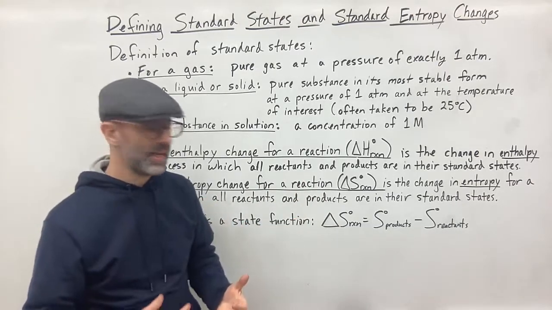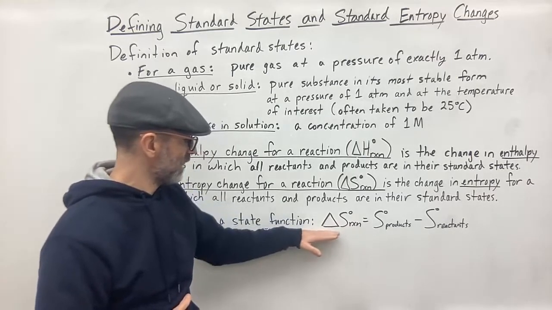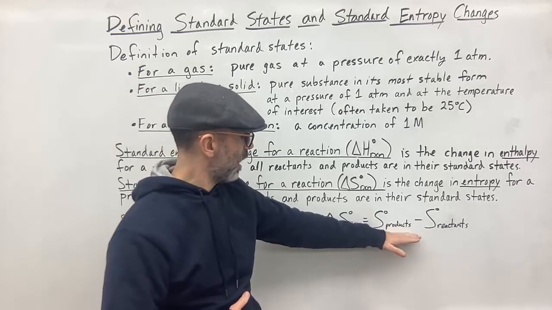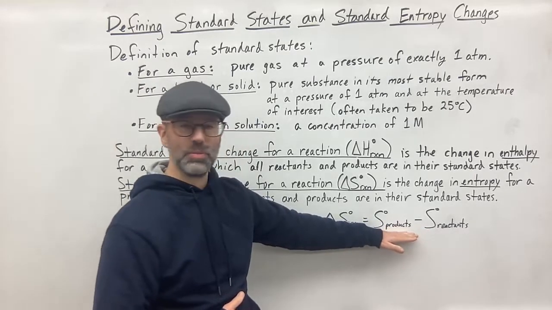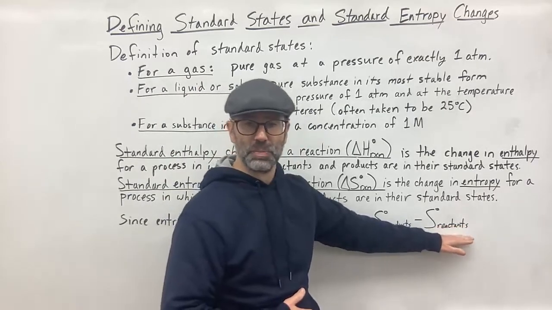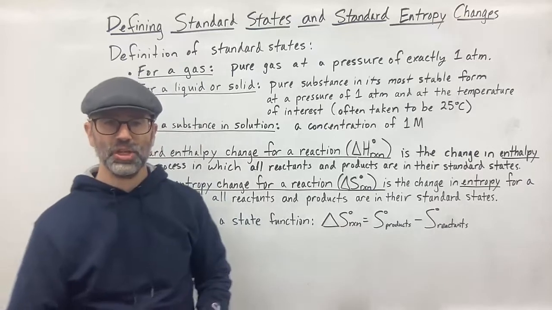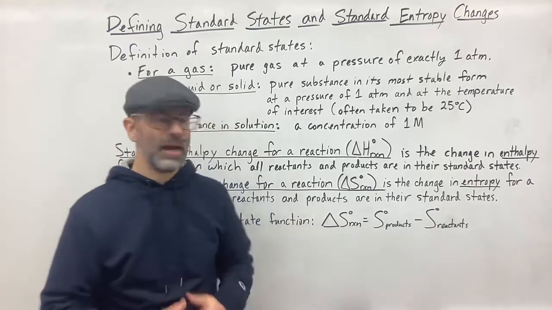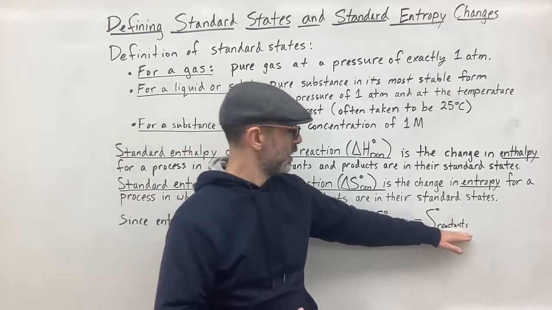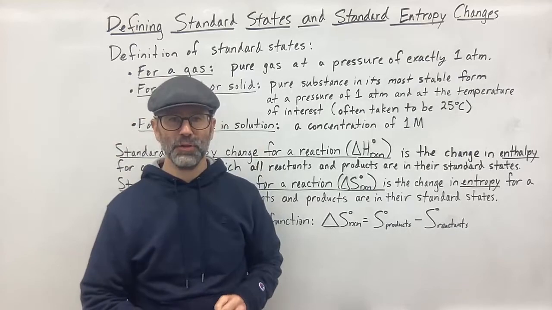So, since that's the case, you can find the standard entropy change of a reaction by measuring the standard entropies of the products, and subtracting the standard entropy of the reactants. And then that'll give you the standard entropy change. But then the question is, well, how do you find the standard entropies for your products and reactants? Well, that'll be the topic of my next video.